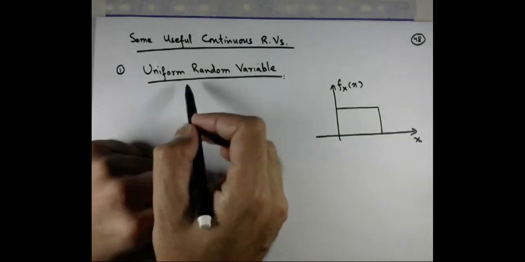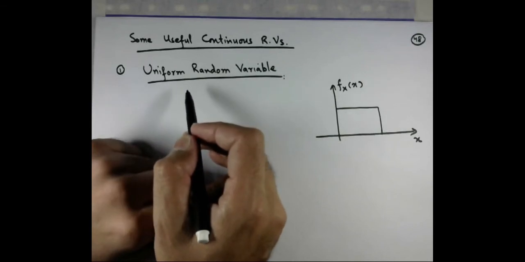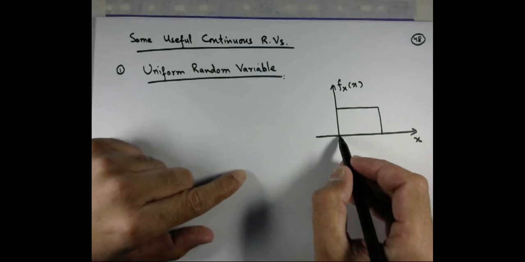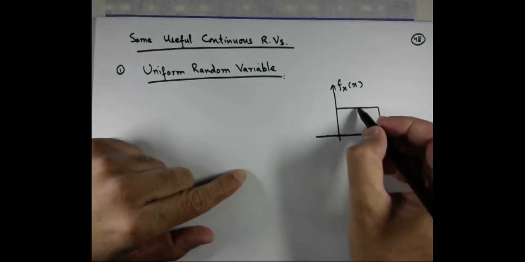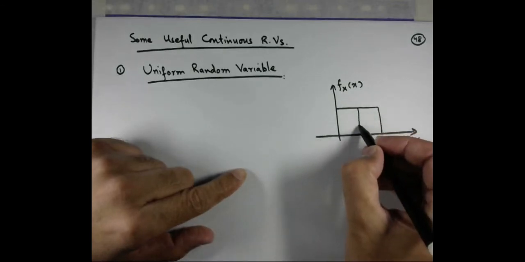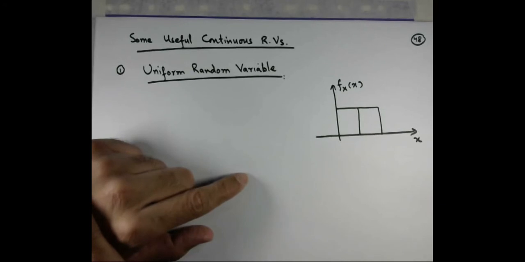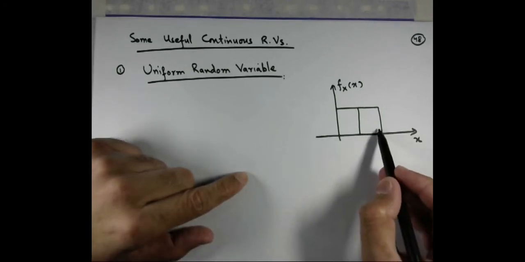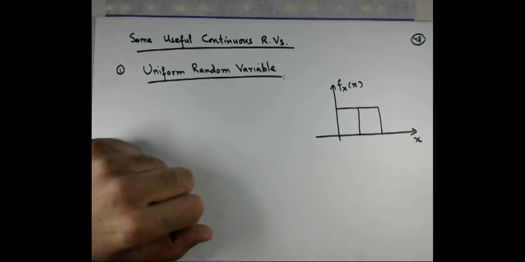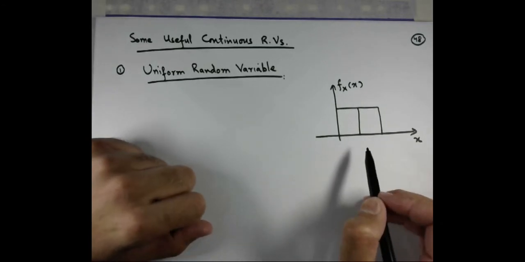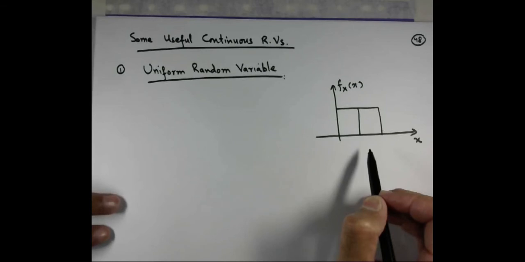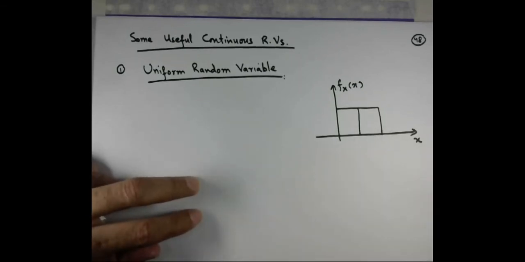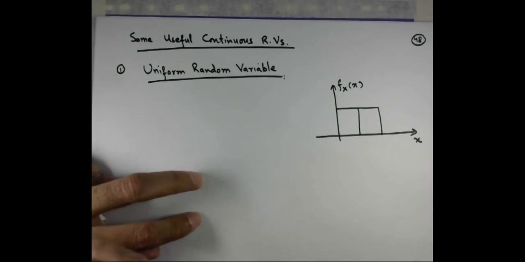The continuous uniform random variable basically means that if you take all this interval and divide it by 2, then half of the probability will be in this interval and half of the probability will be in this interval. In this particular case, you have uniformly distributed the probability among 2 equal sized intervals.